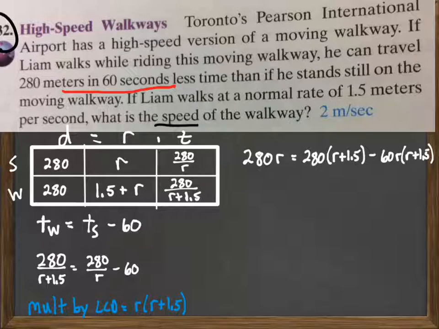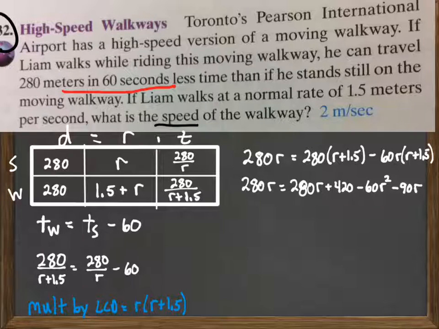At this point we're going to have most likely a quadratic or polynomial equation, so what we need to do is simplify. So we multiply through. First we'll just have 280r, and then when we multiply through by 280, we'll get 280r plus 420, and then multiplying through by 60r, minus 60r squared, and then 60r times 1.5 will be minus 90r.